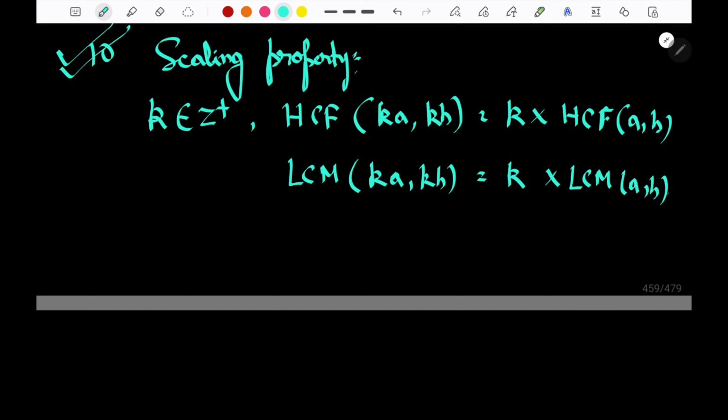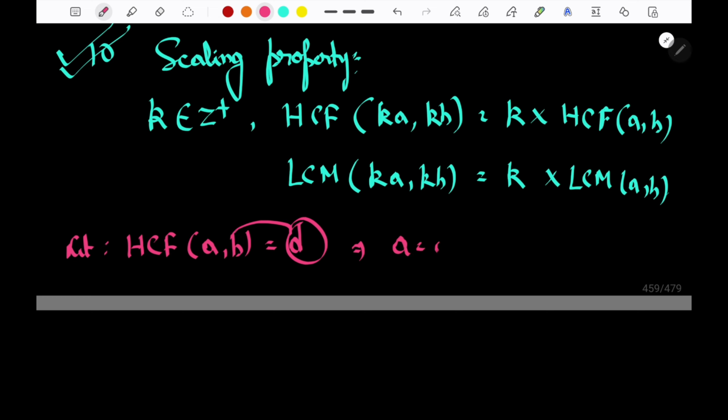Now why? So it's simple. Suppose HCF of A comma B is equal to D. It means D is the greatest number that divides A and B. So we can write, which implies A is equal to dx and B is equal to dy.